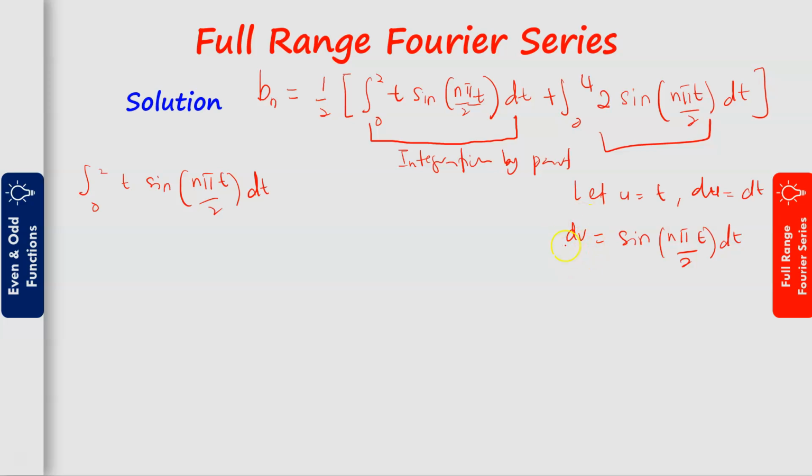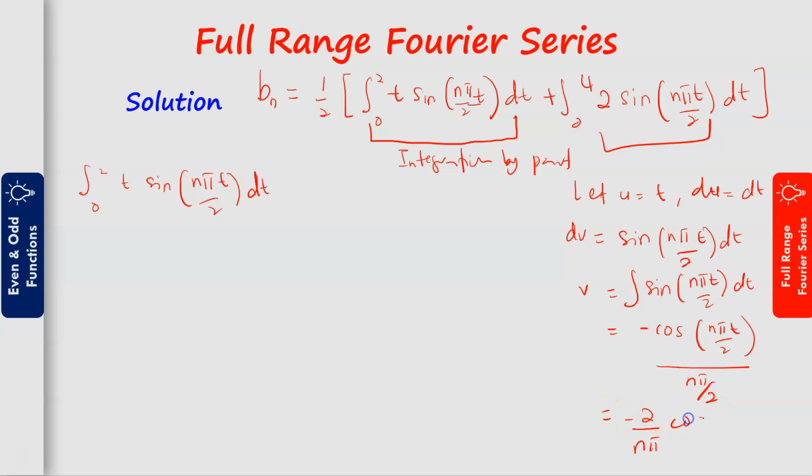To find v here, I can integrate this function, that is integrate sine n pi t over 2 dt. Integrating the sine function, we get negative cos n pi t over 2, and then you have to differentiate inside, that is we divide by n pi over 2. To simplify, we will have negative 2 over n pi cos n pi t over 2.